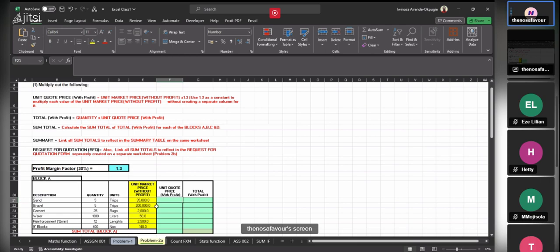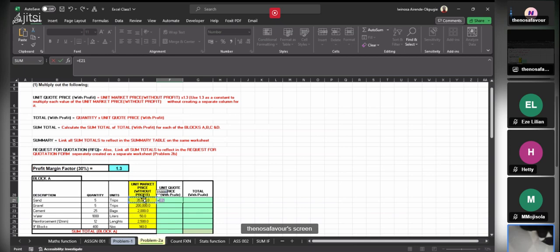So for that to work, it would be equals to our first market price without profit for sand, which would be E21, and then we will multiply it by our profit margin.